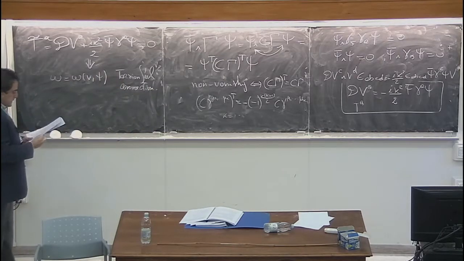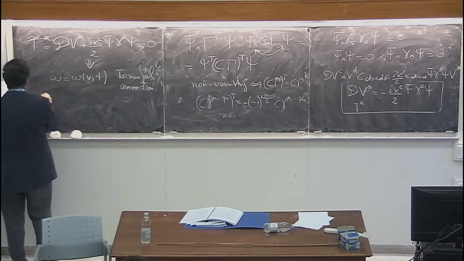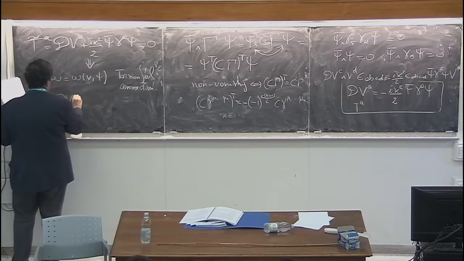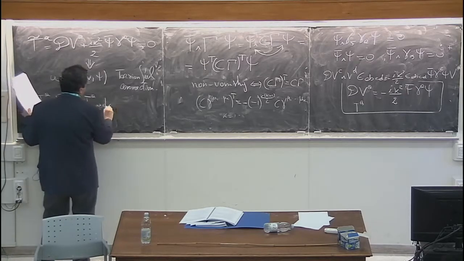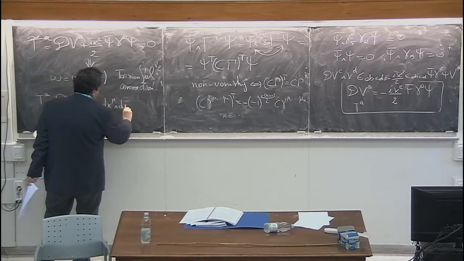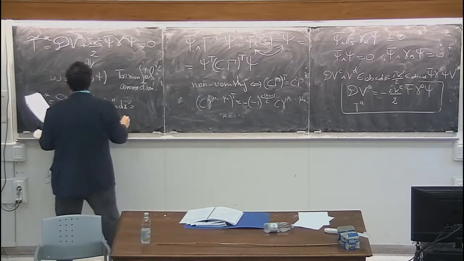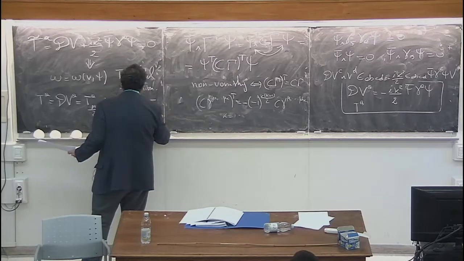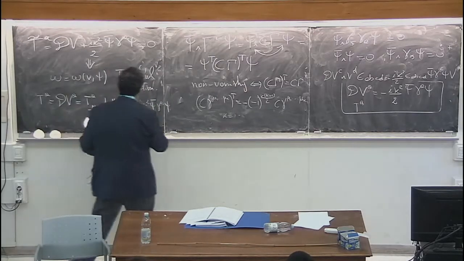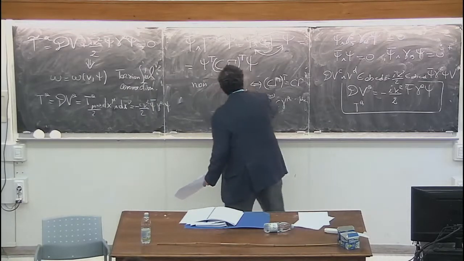Very good, and what is the torsion? Remember, T A is dVA, which is T A mu nu divided by 2 dx mu wedge dx nu, and this is equal to minus i kappa squared divided by 2 psi bar gamma A psi. This is the torsion tensor that we have defined at the beginning.